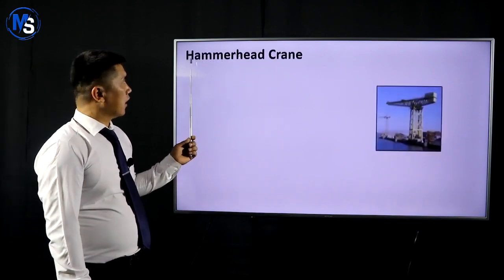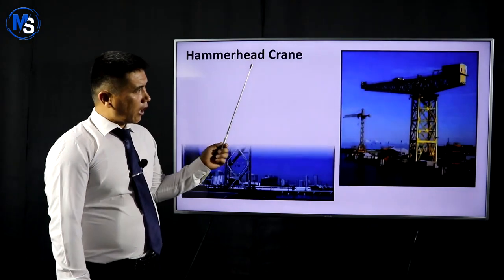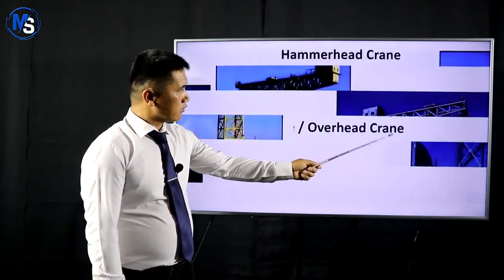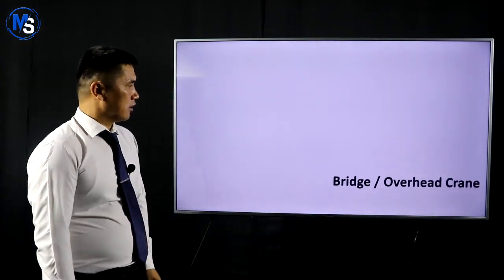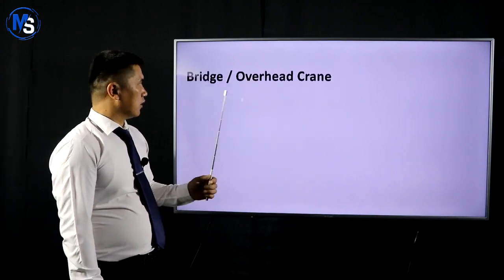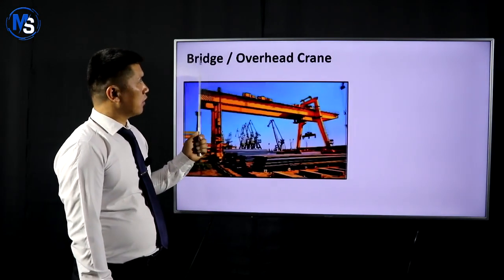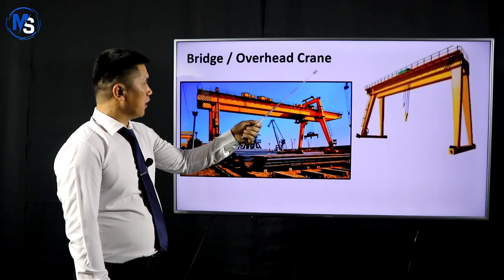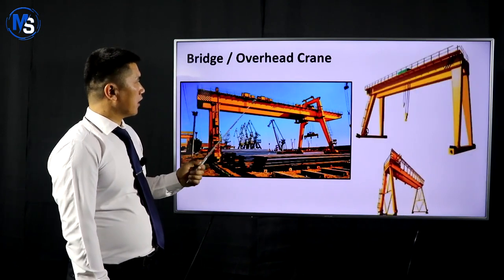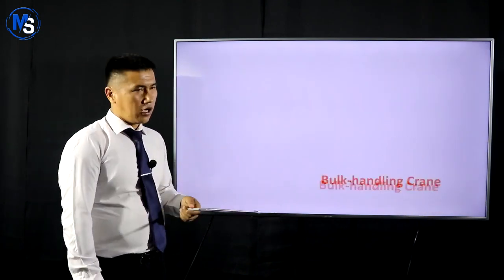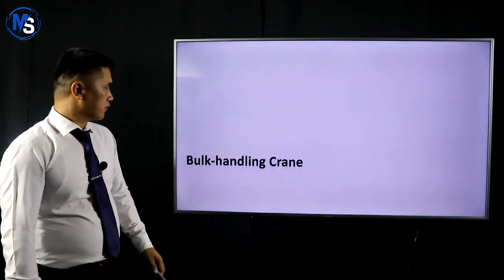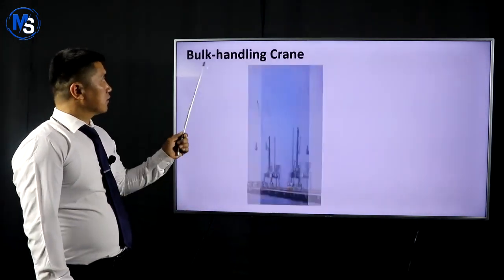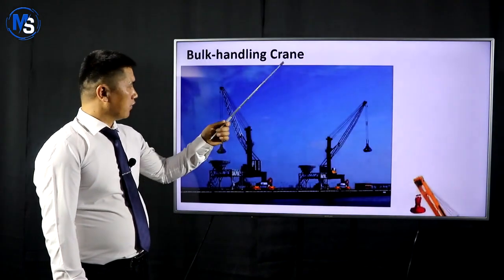Okay, the next one is a hammerhead crane. It's used for construction sites and buildings. The next crane is a bridge or overhead crane. This kind of crane is used for bridge construction. The next is the bulk handling crane.